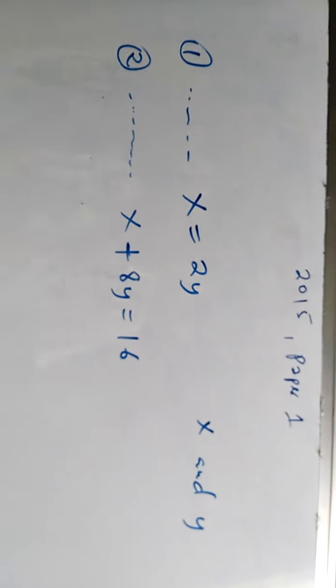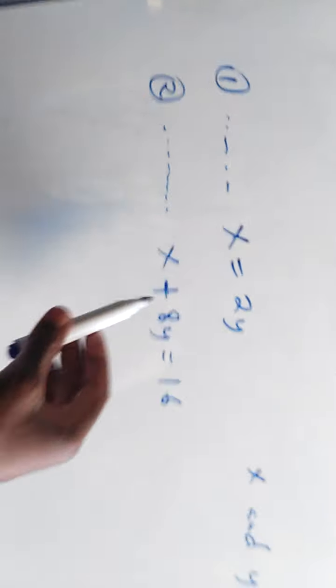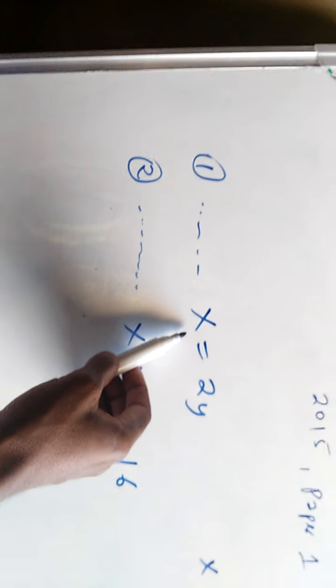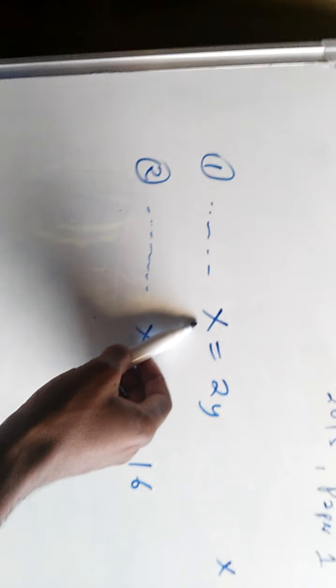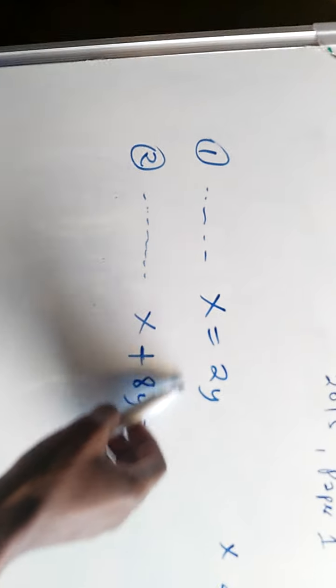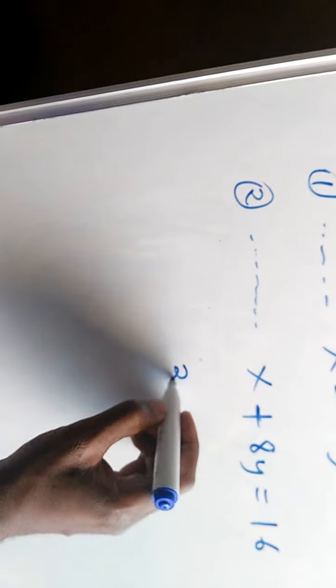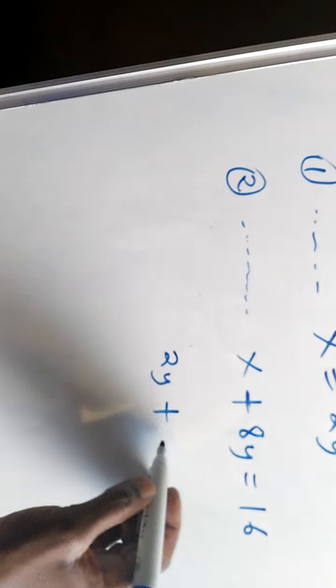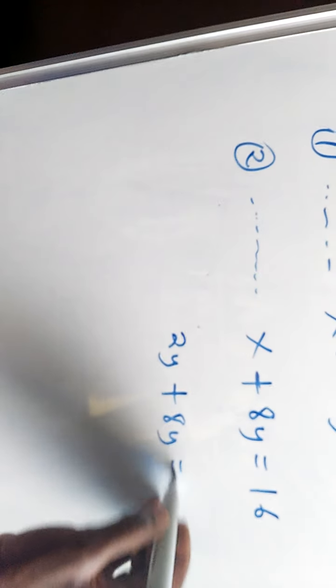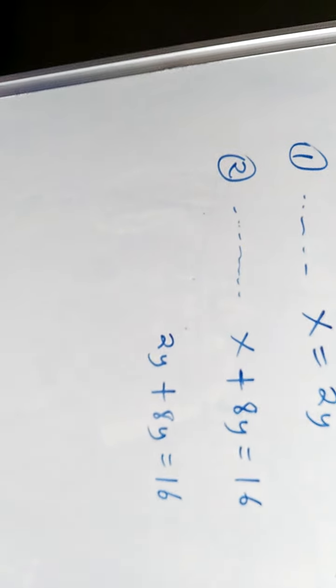That's a simultaneous equation. So already, it's more like they've made x the subject. We know that in place of x, you can substitute 2y. Whenever we are seeing x, we take it as 2y. Then we add 2y to 8y to get our 16.